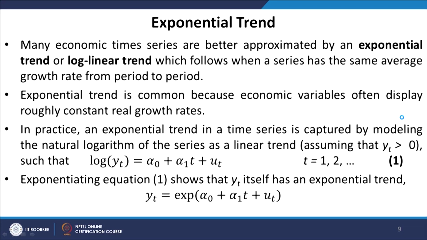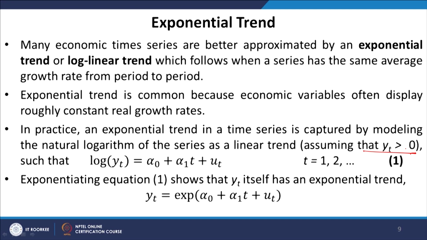In practice, an exponential trend in a time series is captured by modeling the natural logarithm of the series as a linear trend, and in order to consider the natural logarithm, we must have yt greater than 0, as you know that we cannot have logarithm of negative values. So, provided that the series takes only positive values, we can go for a natural logarithm.